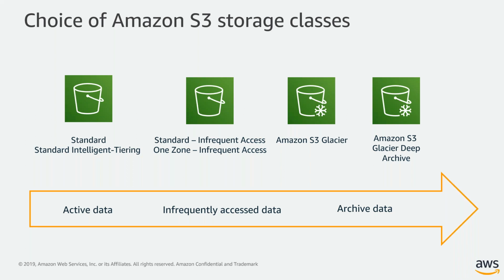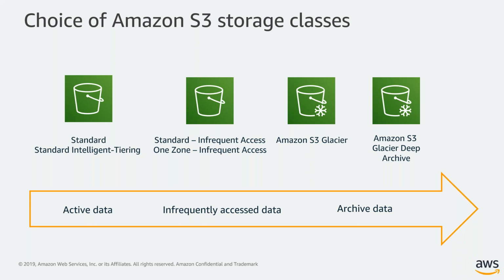Standard is the default tier of S3 and is designed for your active data. We also offer a new Intelligent-Tiering storage class, which will tier your data between a frequently accessed and infrequently accessed tier automatically, based on intelligence that AWS runs about the activity of your data set.